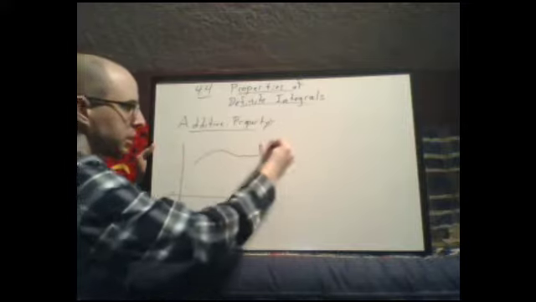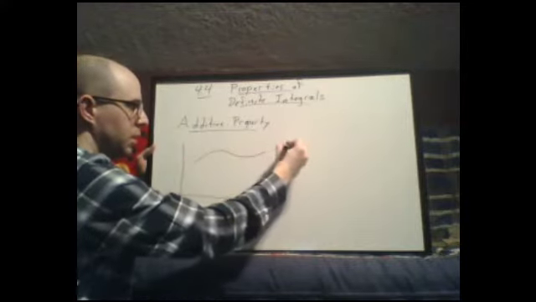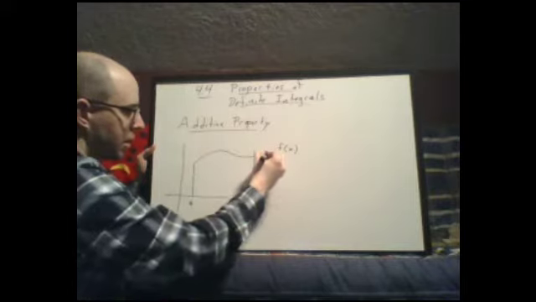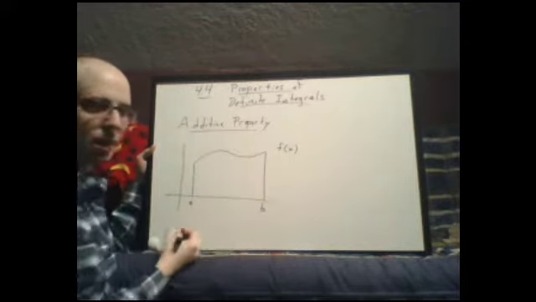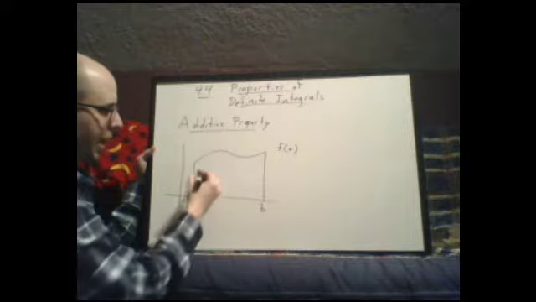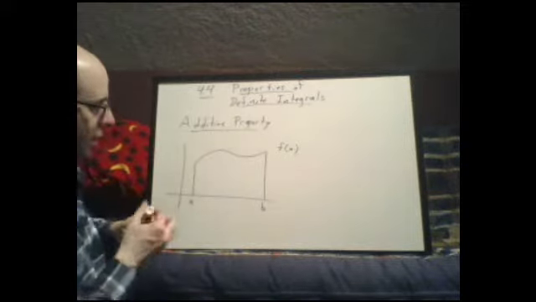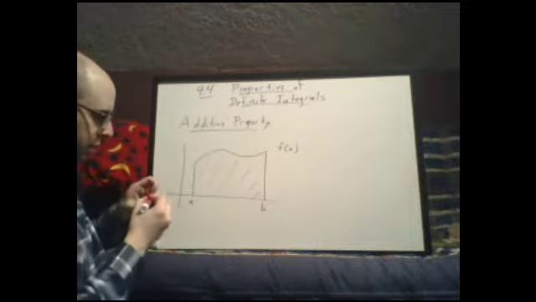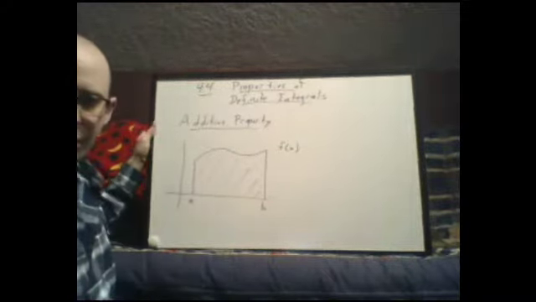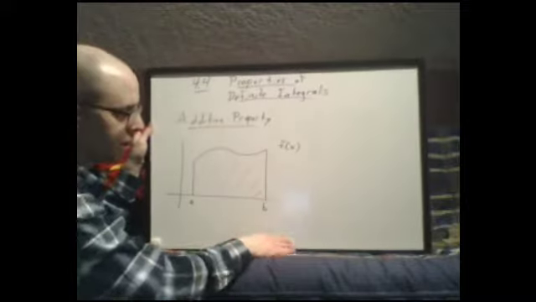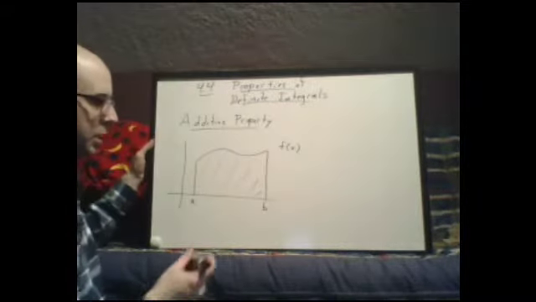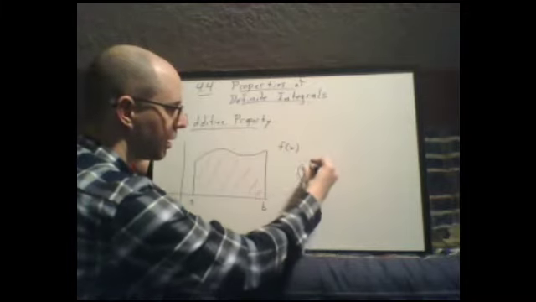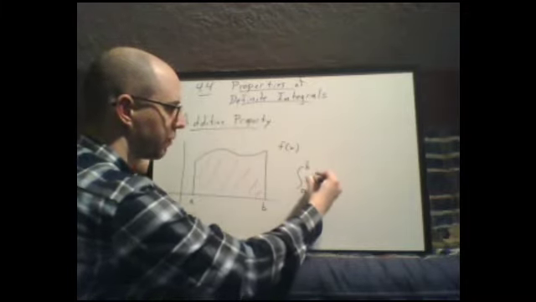If I've got a function y equals f of x, and I start at a and I end at b, the area from a to b, that's the integral from a to b. So this red region, the shaded region, that is the integral from a to b of f of x dx.